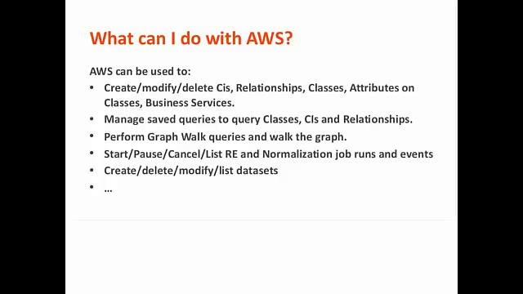You can save the queries, and query by path, graph queries, and you can also perform graph walks, where you perform a graph query and walk that from the top level CI through its relationships and other CIs. And you can also start and stop RE and normalization jobs and view their events. And you can create and modify data sets.